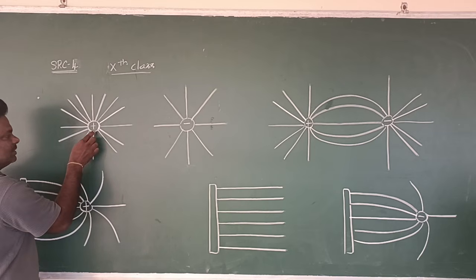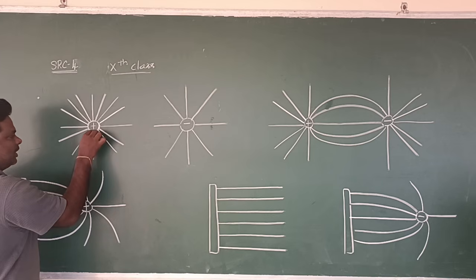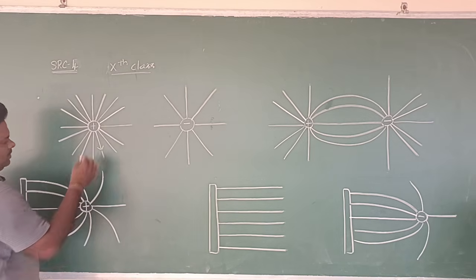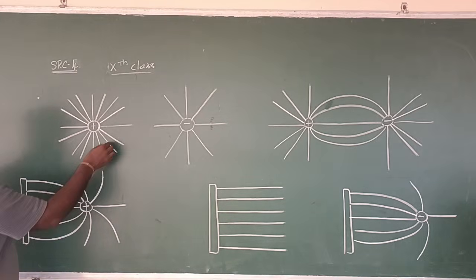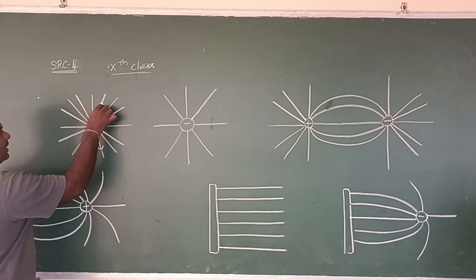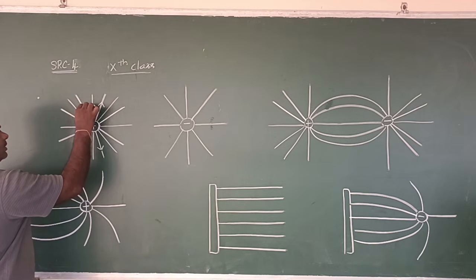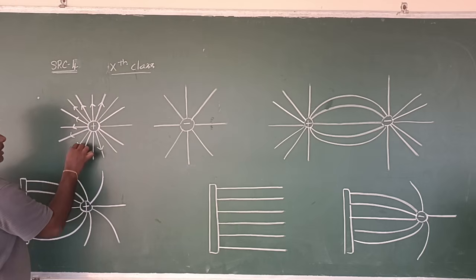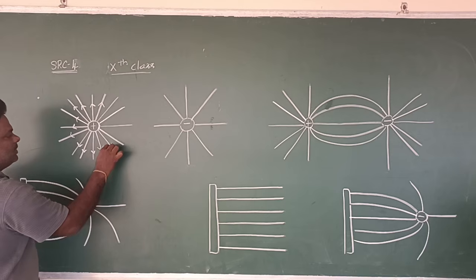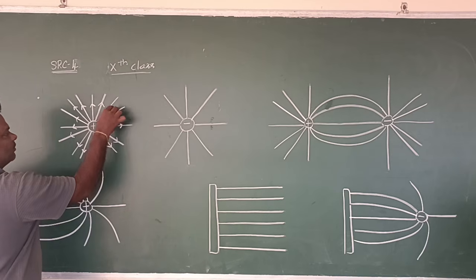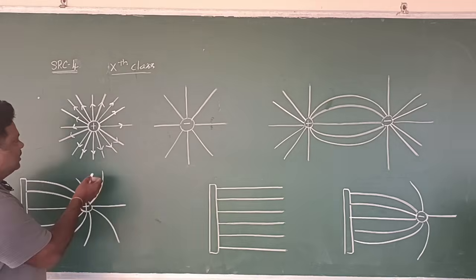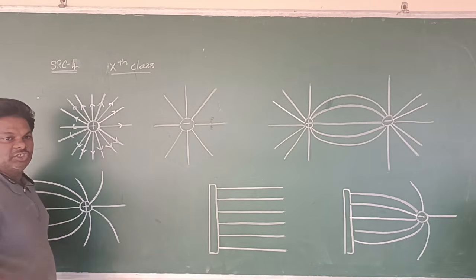This is a positive charge and here is the field line which is moving away. Similarly, all the field lines acting on the surface of a positive charge are moving away from the positive charge. So you can say this is at a high potential.